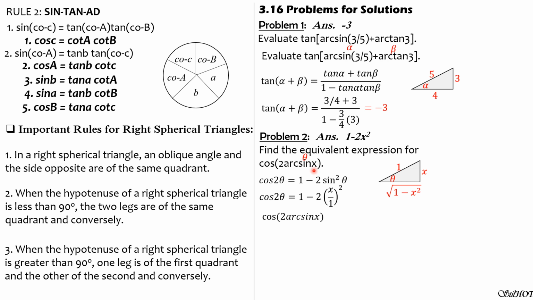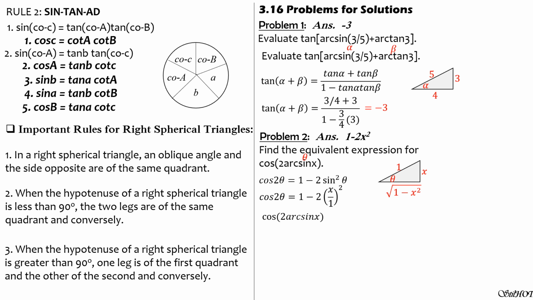So if x is 0.5, then the value is also 0.5 because arcsine of 0.5 is 30 degrees, and 30 degrees is pi over 6 radians, or simply 30 degrees times 2, 60 degrees, and cosine of 60 is 1/2, and this will give us 1/2 when x is 0.5. 1 minus 2 times 0.5 squared, that's 1/2.